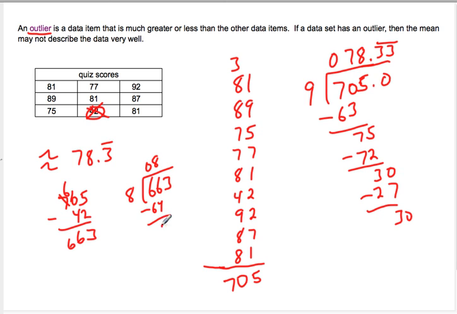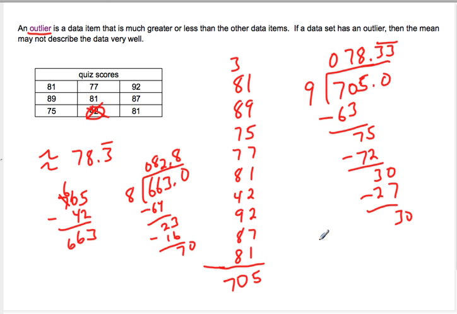So we have 23. It's almost 3, so it's 2. 16. 7, so we're going to have a decimal here. 8 goes into 70. Let's see. 64, so 8. I'm just going to stop here just because I only have to get to the tenths to compare to this.